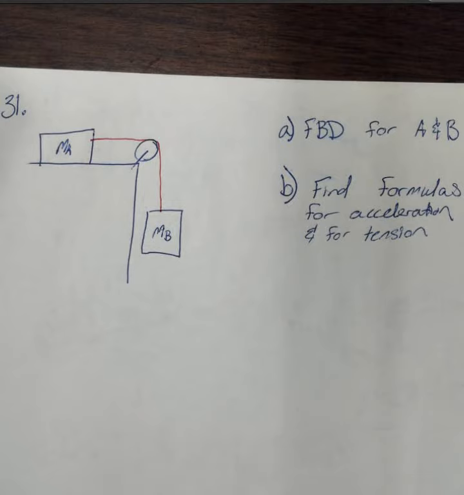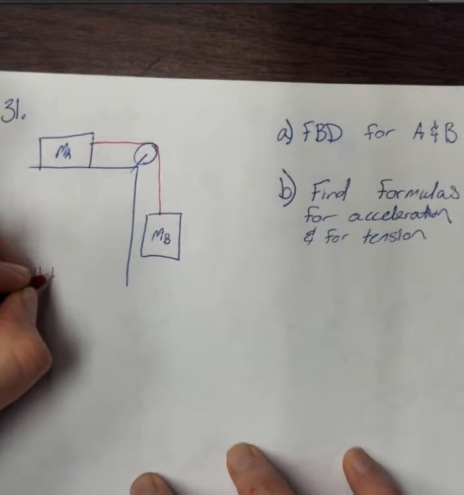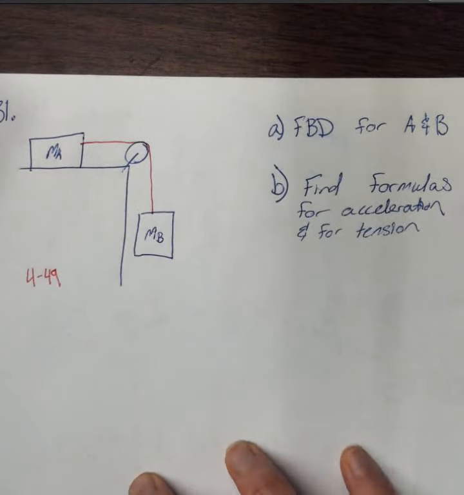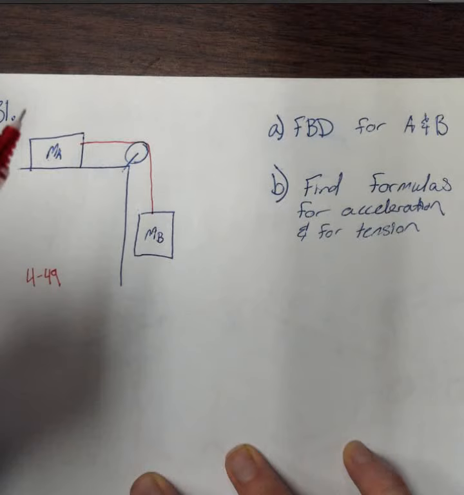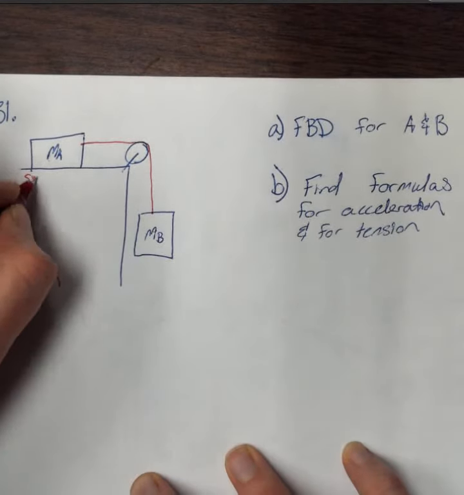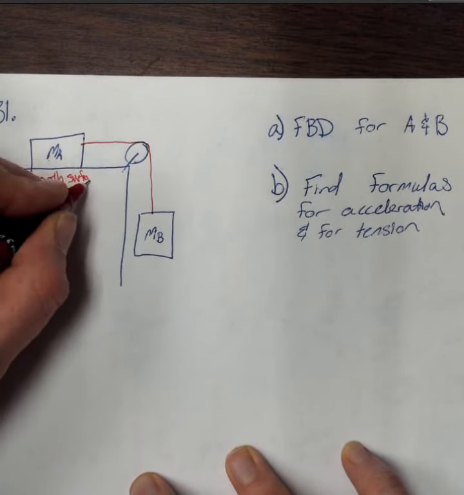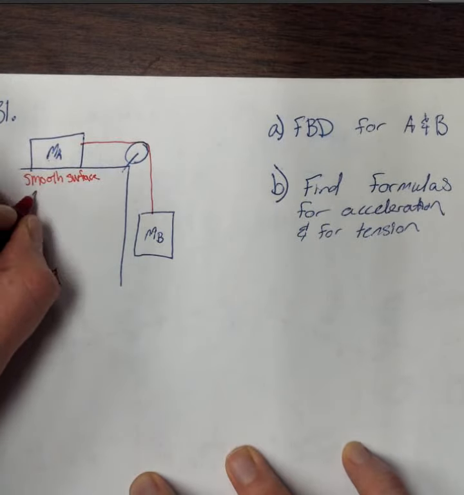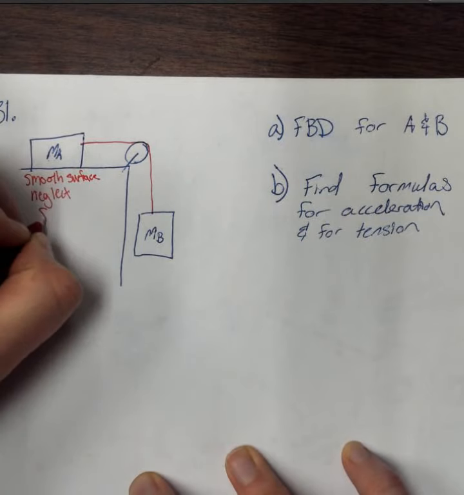So it says that figure 4-49, which I've drawn here, and you should also draw, shows a block of mass A right here, and it's on a smooth horizontal surface. So one of the things that you can assume is since this is a smooth surface, you can assume that you can neglect friction.